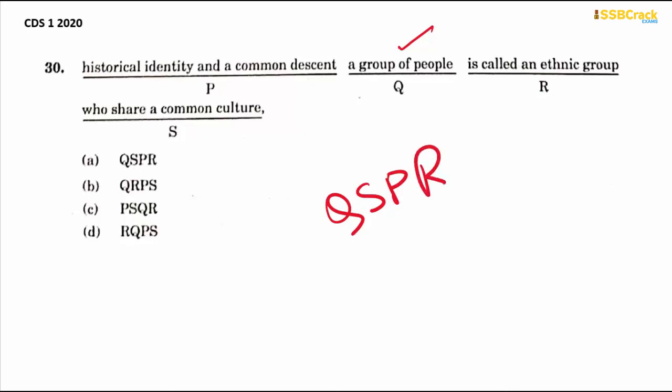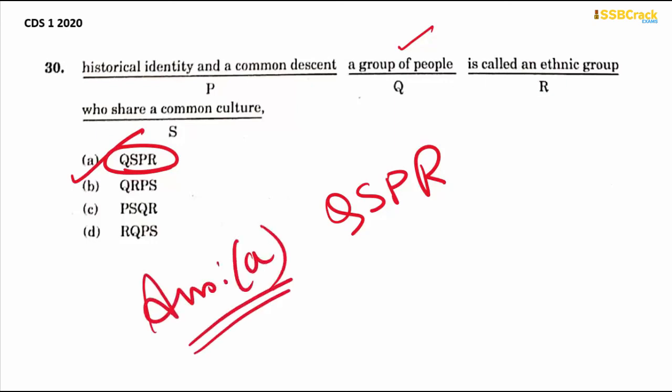So QSPR, this is our combination. So answer is option A. Okay, because there is another one starting with Q, and if you match this, it is not forming a correct sentence. QRPS: a group of people is called an ethnic group, historical identity and a common descent who share a common culture, comma, ending with comma. This cannot be possible. So we are going with option A only.